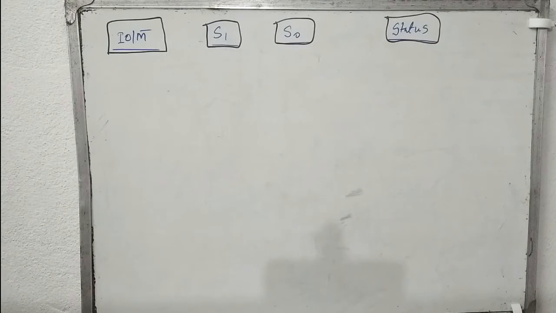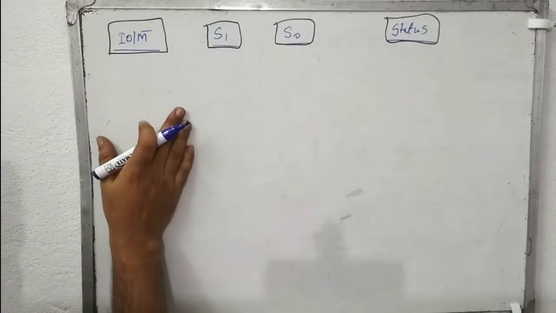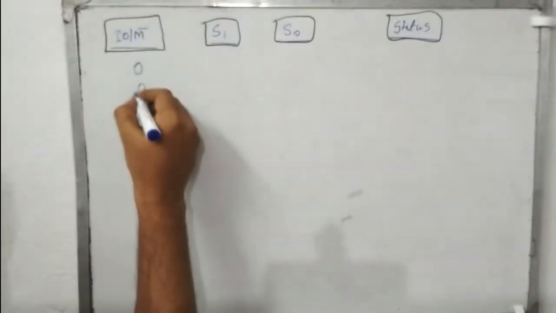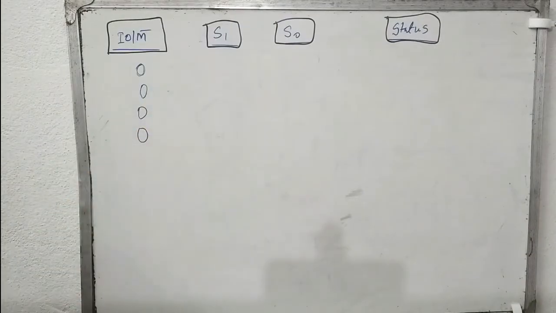Now we want to perform the memory related operation. Then what we will do, we will put 0 here. So let's put 4 zeros back to back here. That means we want to perform 4 memory related operations here.